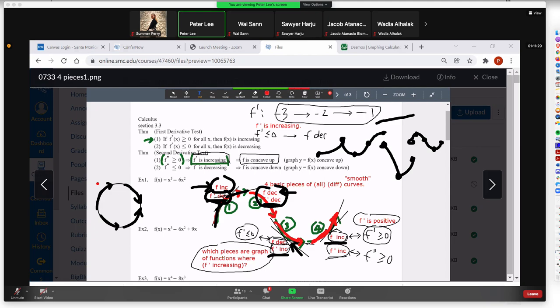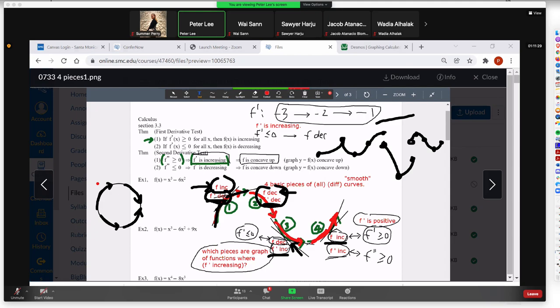The points we put are the critical points, and the end behavior. That's what we put on the first row.